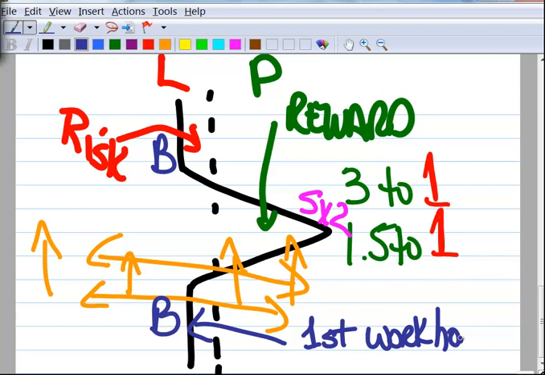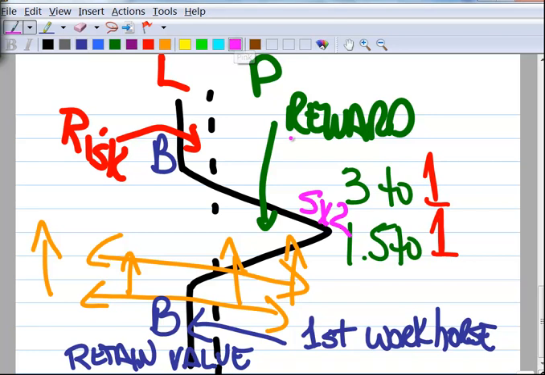How do I define workhorse? Workhorse is the driving part of the trade. It's my engine. As long as the stock moves higher, even just a little bit, my buy leg is going to retain its value.